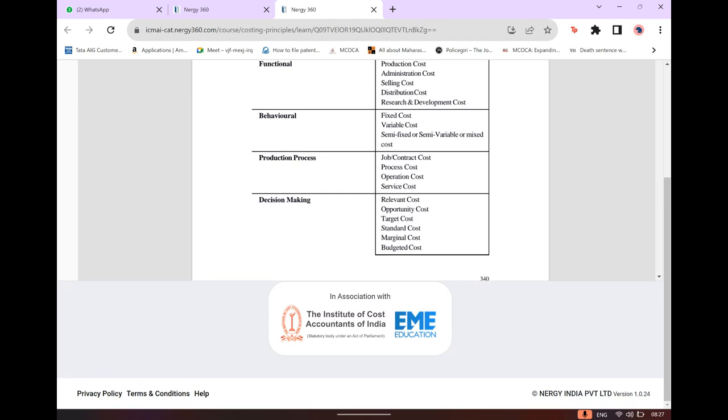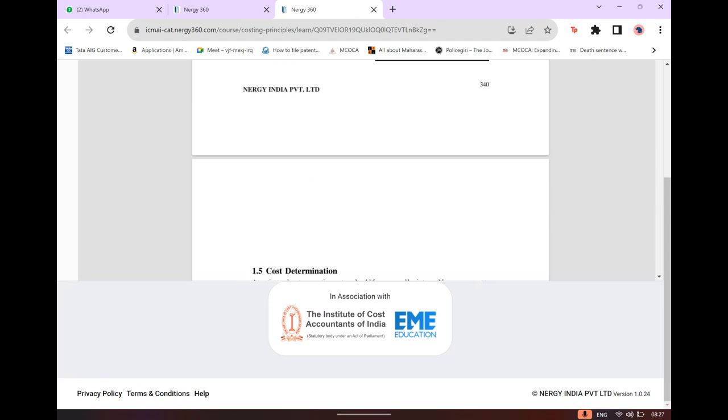Marginal cost, it is the incremental cost. It is the cost of producing one more extra unit. So that is the marginal cost. Budgeted cost. So the cost at which you budget the thing, or you can also call it an estimated cost.